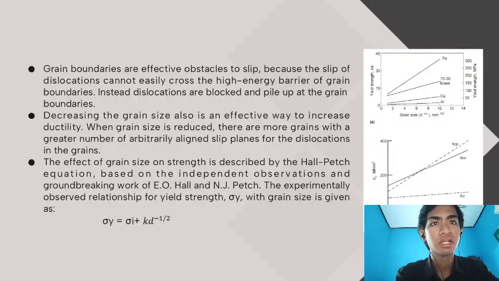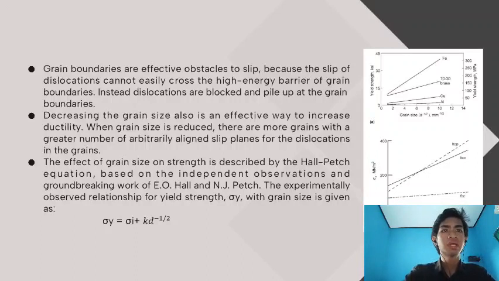Thus, grain refinement provides an important means to improve not only strength, but also ductility and toughness. Many other strengthening mechanisms are gained at the expense of ductility and toughness.